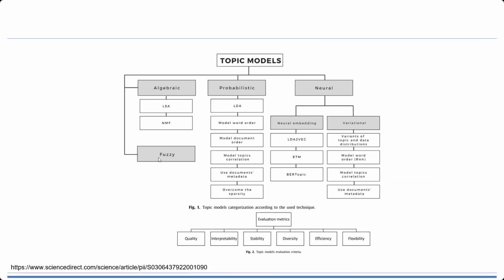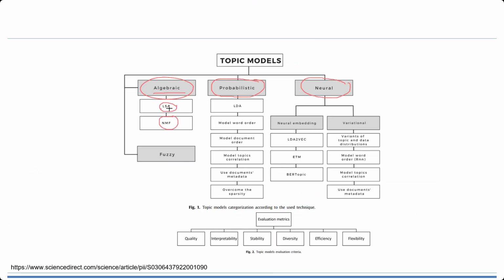In topic models, we can distinguish the approaches into three parts: whether we want to use the algebraic methods, the probabilistic method, or the neural method. For the algebraic method, we will look at the details of LSA and non-negative matrix factorization, NMF.